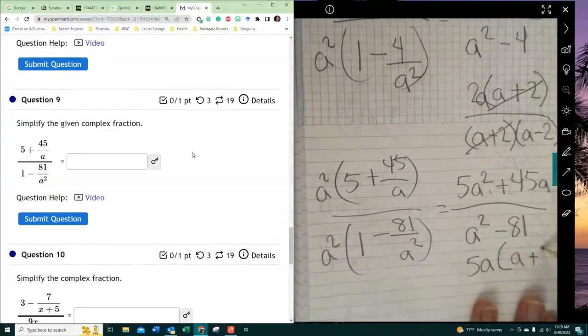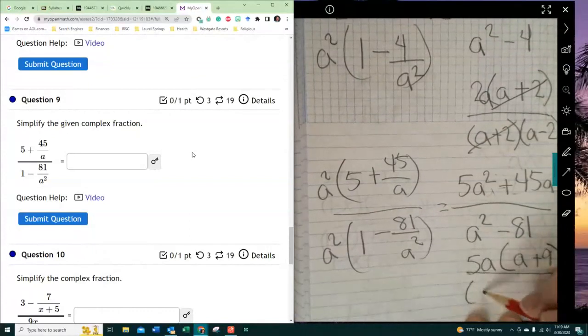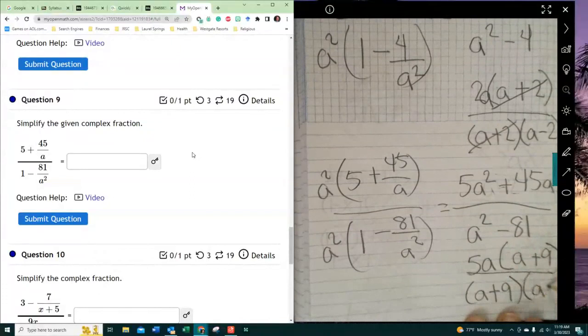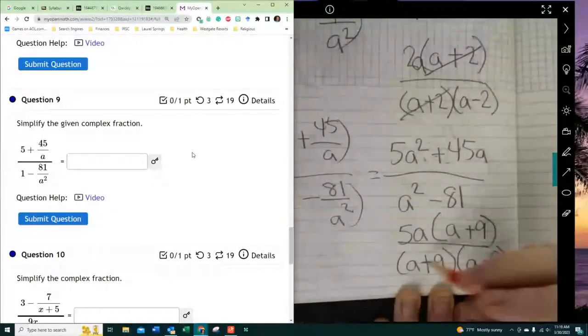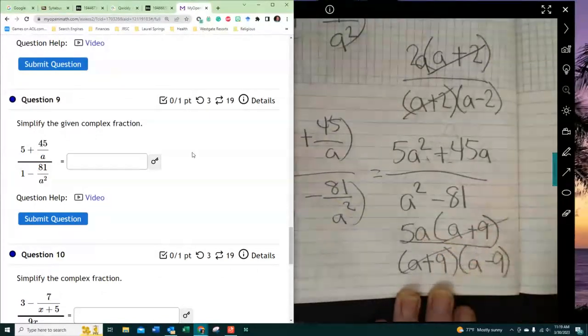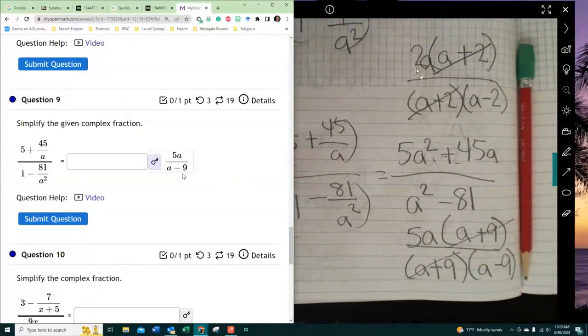And I'm going to get this. And then I'm going to go ahead and get this. Wow, this feels like the same exact problem except for different numbers. And then this cancels this out, leaving us with 5A over A minus 9. All right. That one felt exactly like this one up here.